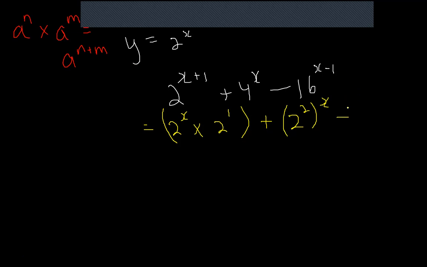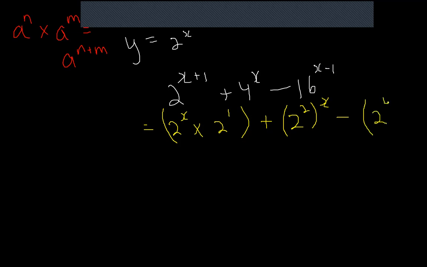So this one now. I could apply this rule first and say 16 to the power... actually no, let me not do that one. Let me change this to the base 2 as well. 16 is the same as 2 to the power of 4.